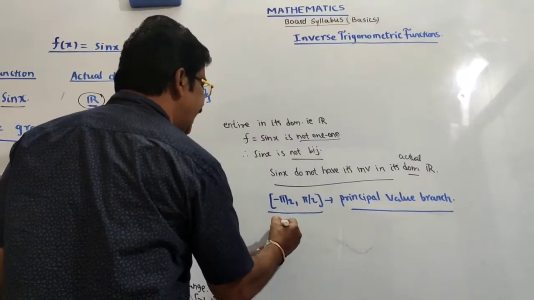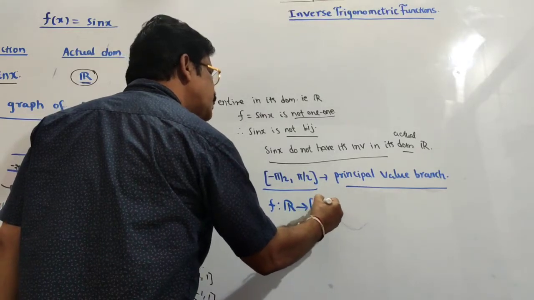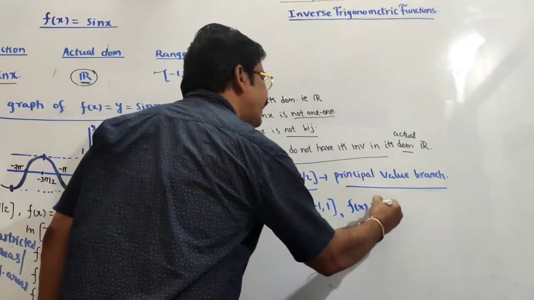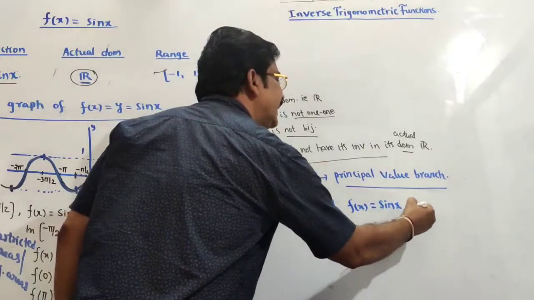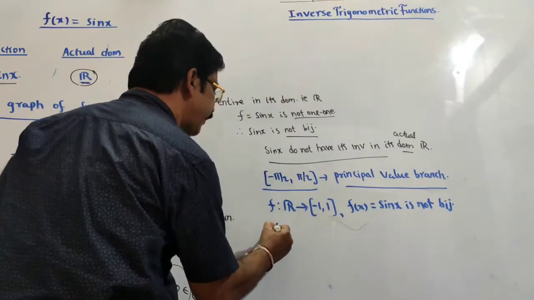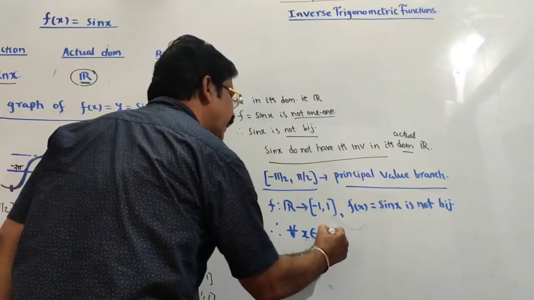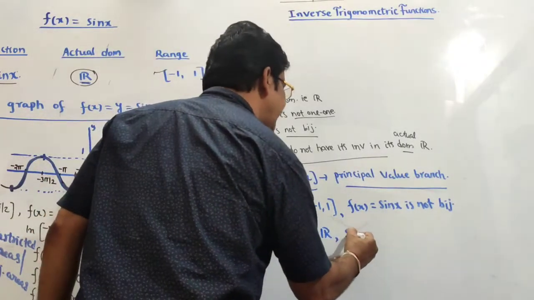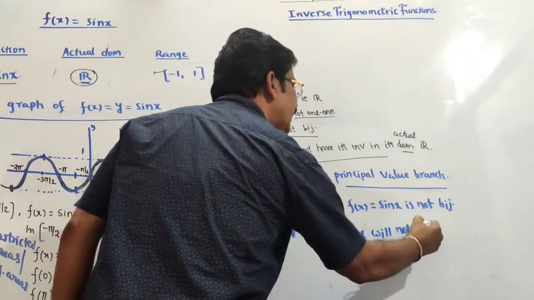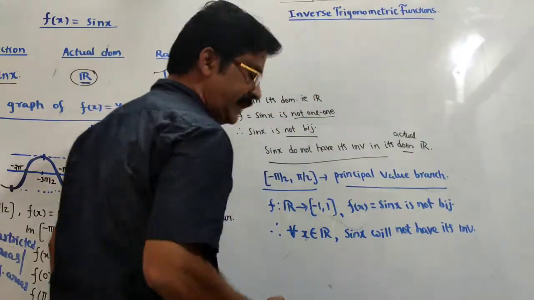So therefore, I am telling that f from capital R to the closed interval of minus 1 comma 1, f of x defined as sin x, is not bijective. Therefore, for all x belonging to the domain, x belongs to capital R, sin x will not have its inverse there.